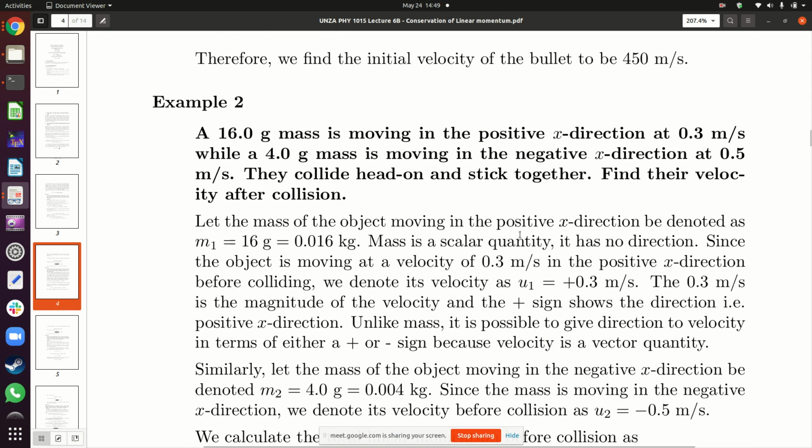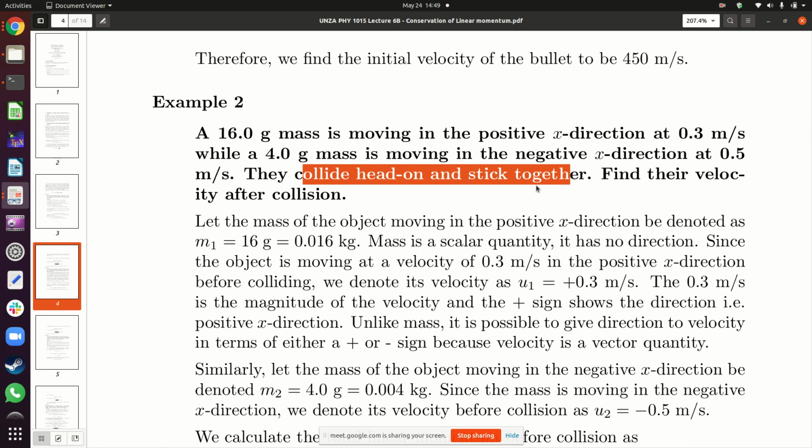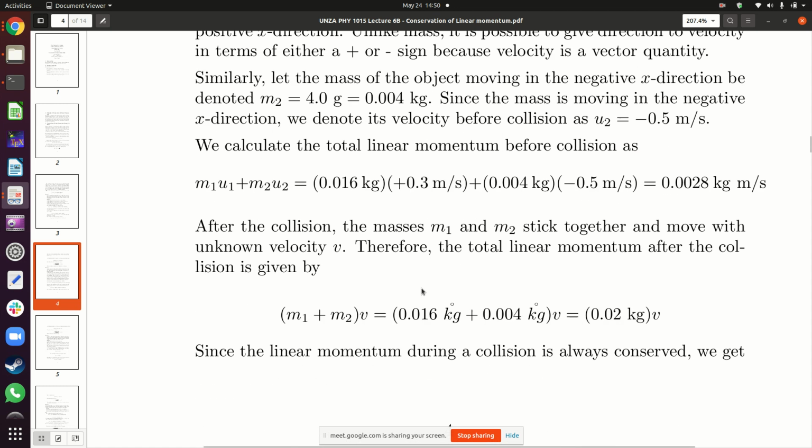Now, we are told that after they collide head on, they stick together. If they collide and stick together, then they have the same velocity. That's the first thing you notice. They have the same velocity and they work as one object. The mass of the object after collision is no longer just one, because they have stuck together, it is now the two combined.